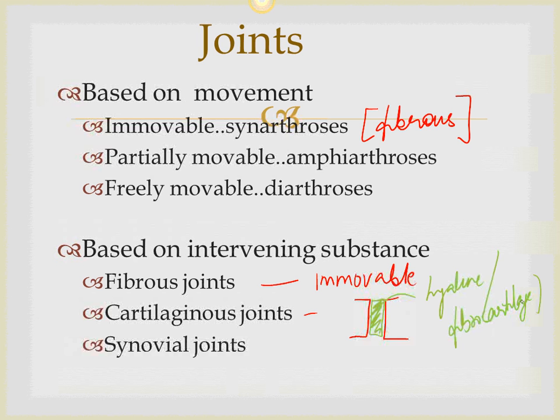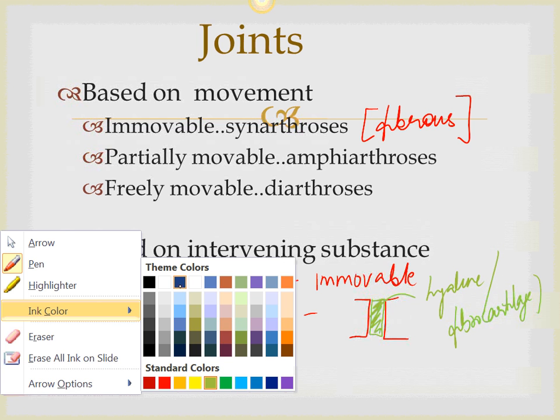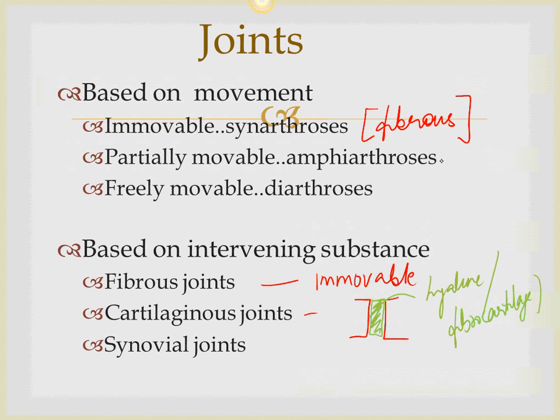Some of these cartilaginous joints allow a slight degree of movement. So we can put cartilaginous joints up here as amphiarthrosis. So as a general rule, we can put cartilaginous joints here because they are partially movable. Not all of them, some of them. Between the two bones, you either have hyaline or fibrocartilage.